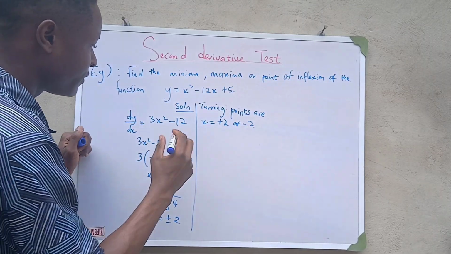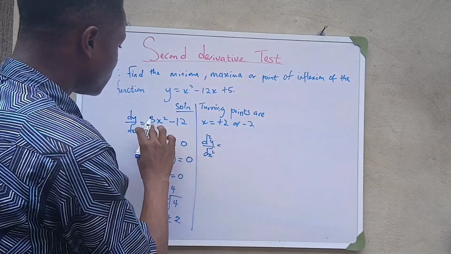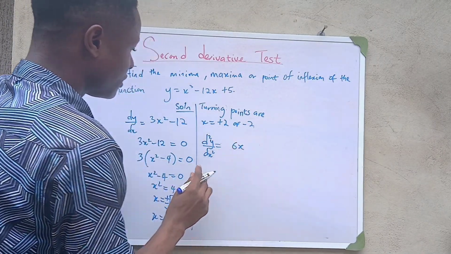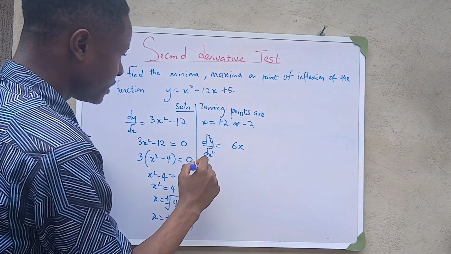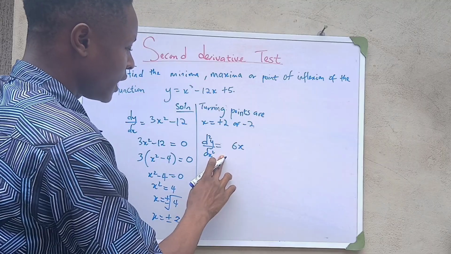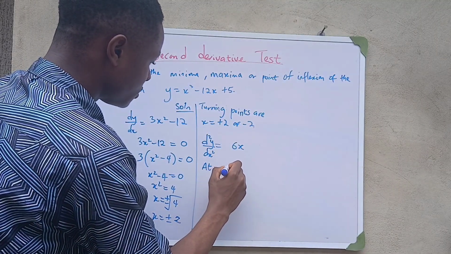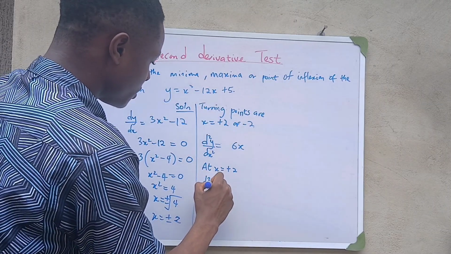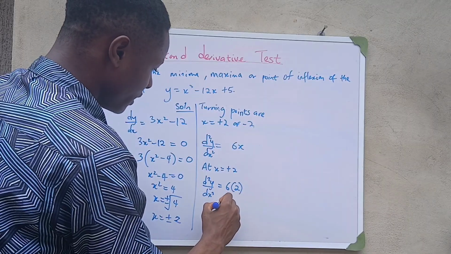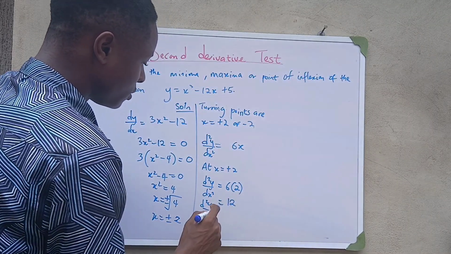So we differentiate again, and d²y/dx² is equal to 6x. Next we put our turning points into d²y/dx². First, at x equals plus 2, d²y/dx² is equal to 6 into 2, so we have 12.